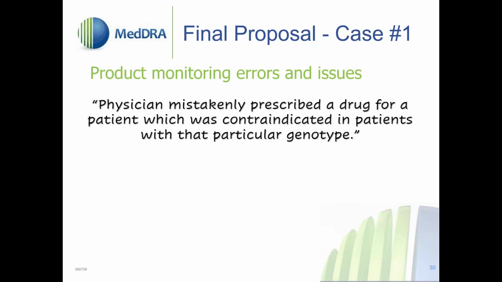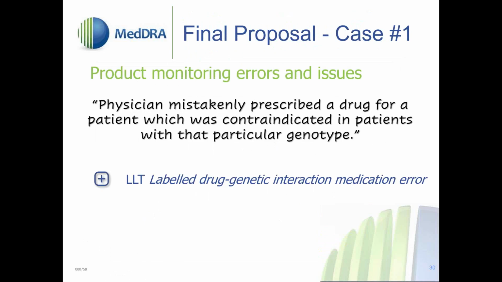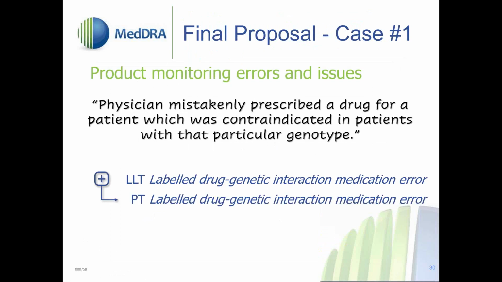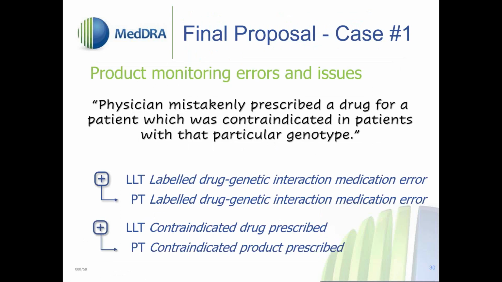So here is the final proposal. We would code to LLT labeled drug genetic interaction medication error under the same PT, and in order to capture the stage where this error occurred, contraindicated drug prescribed, under PT contraindicated product prescribed. And most of you have voted for this LLT, so well done.